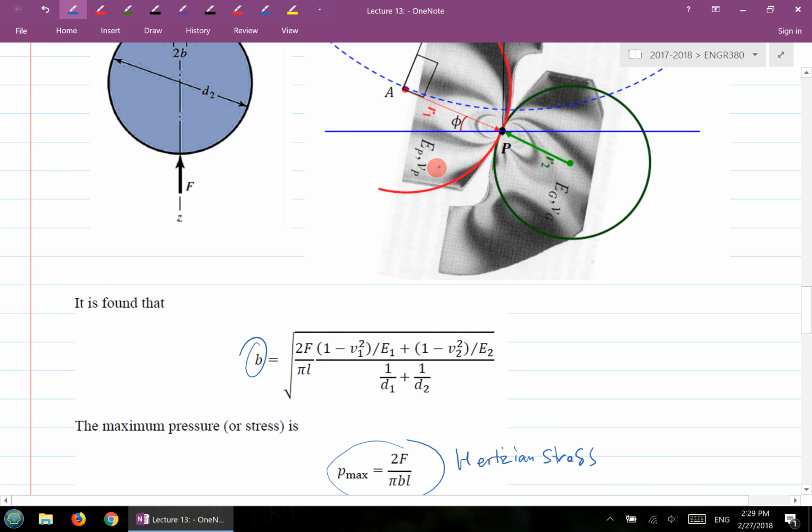The material properties for the gear teeth are EP and EG, the Young's moduli, and VP and VG, the Poisson's ratios. So we can make some substitutions into the existing formula to derive the contact stress for a pair of gear teeth.